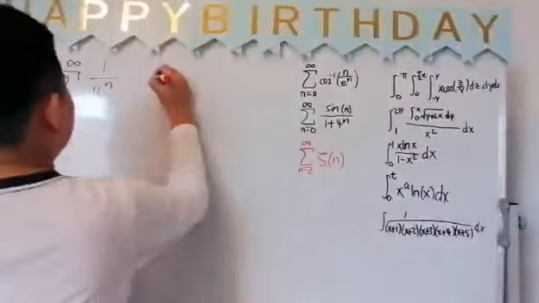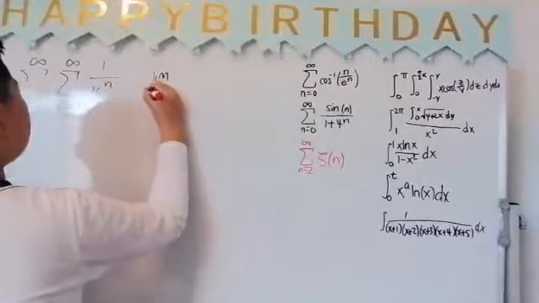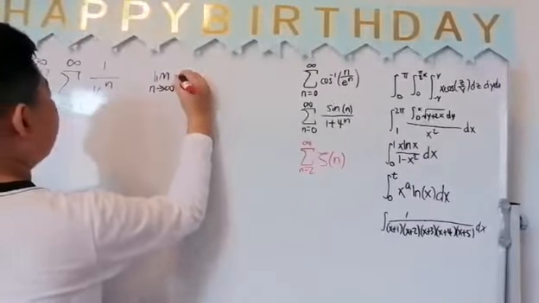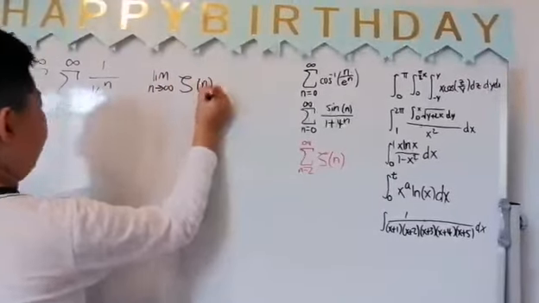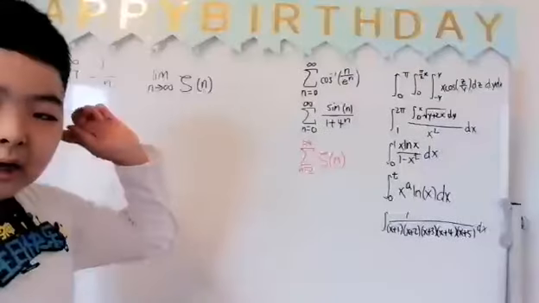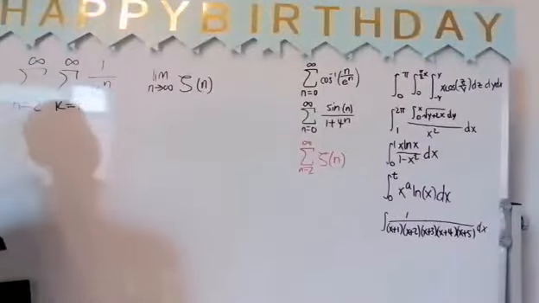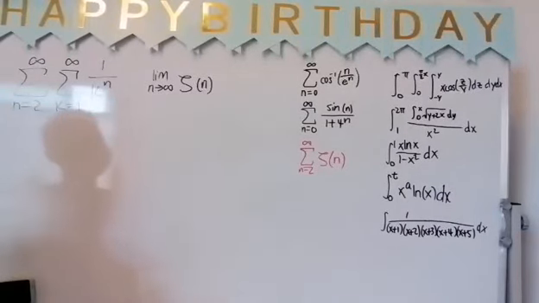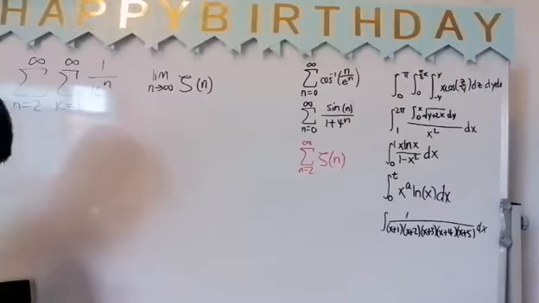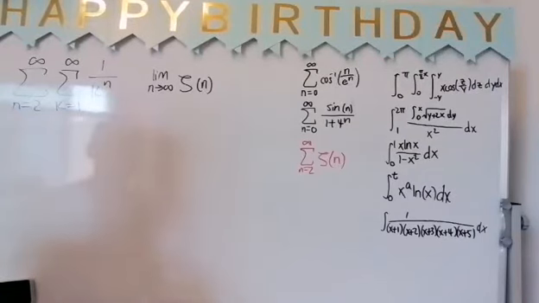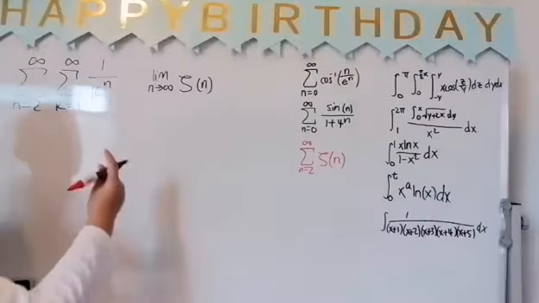We could just do this: the limit as n approaches infinity of the Riemann zeta function of n. Is the Riemann zeta function a continuous function? For the sake of this video, I'm going to say that it is, continuous on its interval.